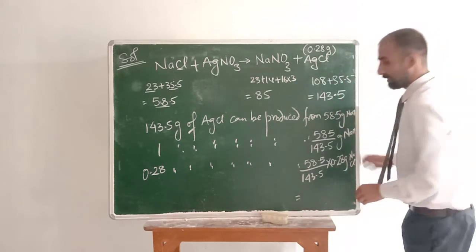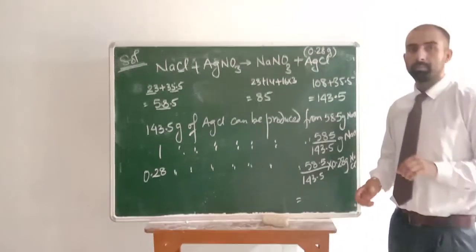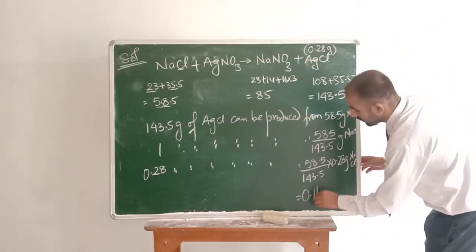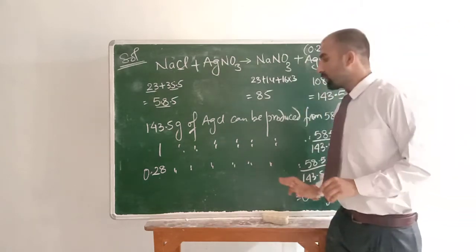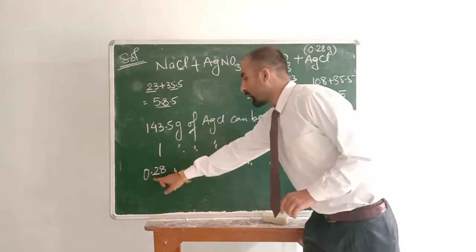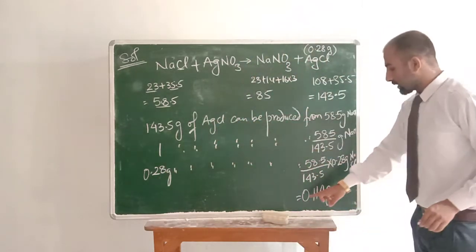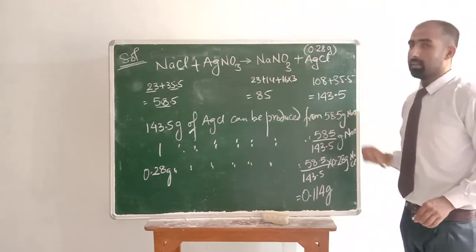If we calculate, its value will be 0.114 gram. That means to produce 0.28 gram of silver chloride, we need 0.114 gram of NaCl.